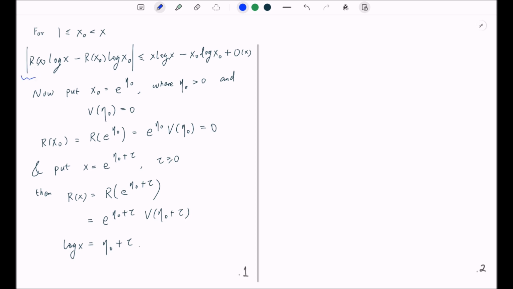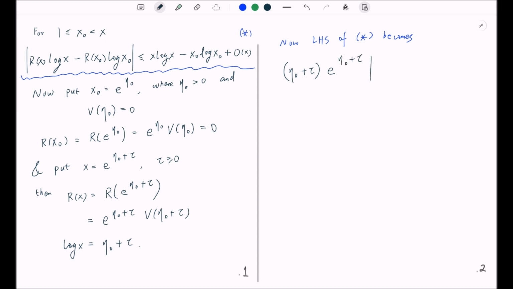Now, the left-hand side of this inequality will become, because now r of x naught is equal to 0, so there's only one term for this absolute value. That is eta naught plus tau times e to the eta naught plus tau times the absolute value of v of eta naught plus tau.